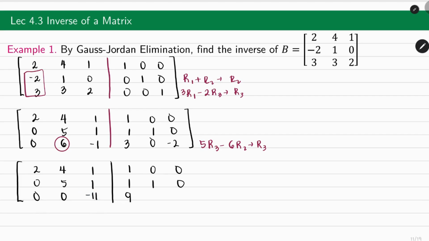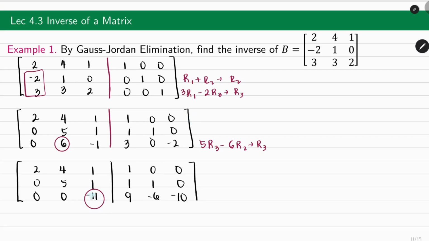And then after that, 0 minus 6, negative 6. And then you have 5 times negative 2, negative 10. Minus 0. Okay, all good.